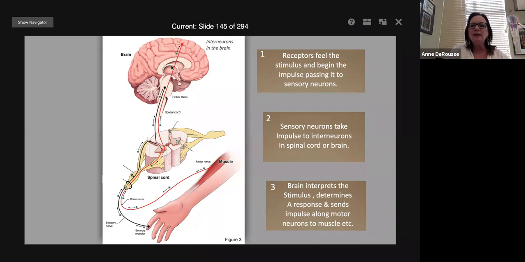That's what's happening here. And then it's interpreted, a response is made, and it goes by motor neuron back through the spinal cord to whatever is going to make the response.